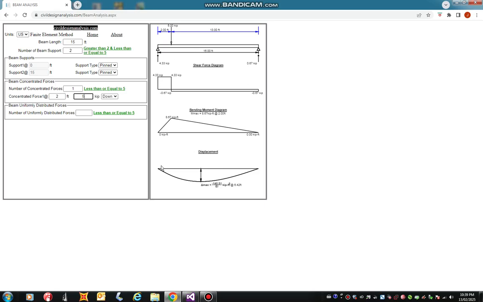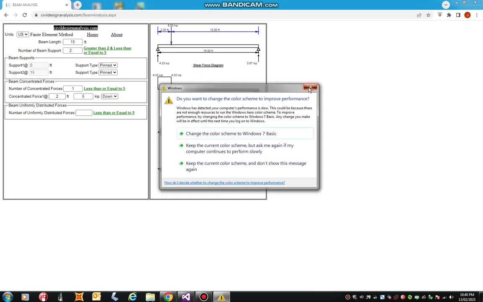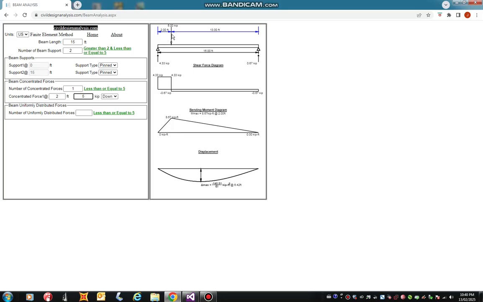Further, we go to the displacement section. The maximum displacement is 6.42 feet. This makes sense, it is away from the load, because of its elasticity, the maximum displacement goes away from the point of loading. So theoretically it's correct.